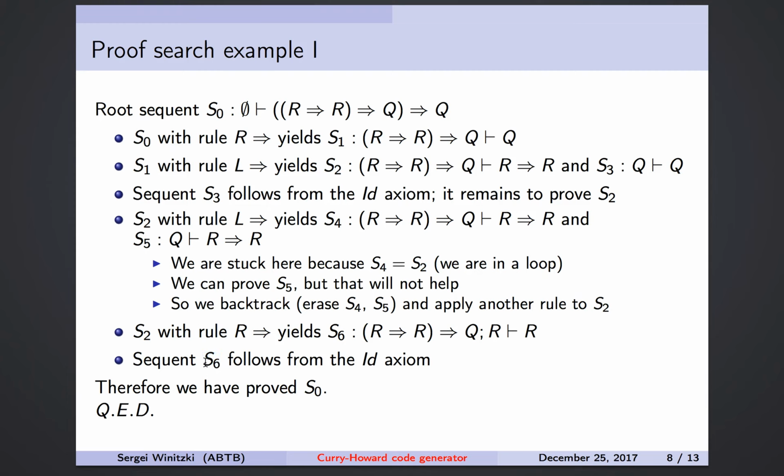Because that's the easiest way, because we start from axioms then. So once we have proved a sequent, we know the path from the axioms back to this expression. And that is the path that we will use to build up the code, or the proof term, which is the same thing.